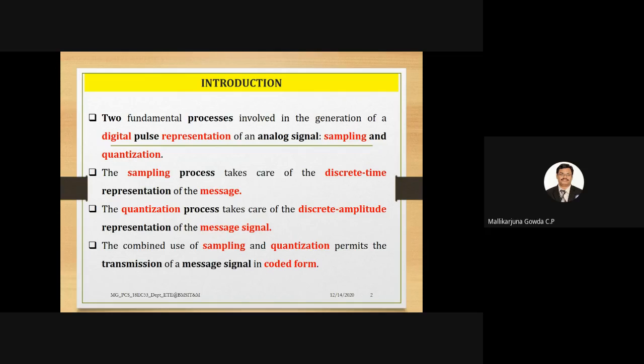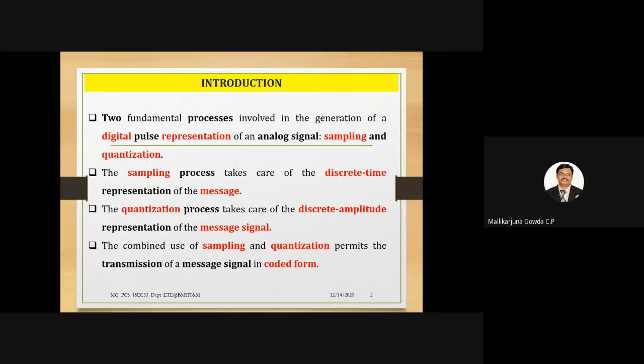Hope this point is clear. I said there are two fundamental processes involved in the generation of digital pulse representation of an analog signal. What are they?